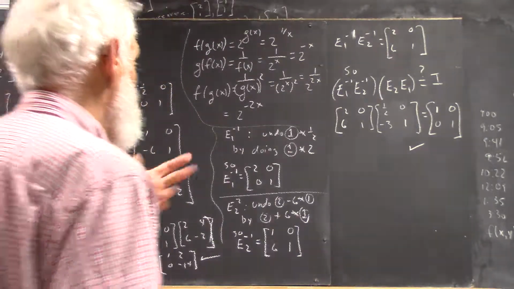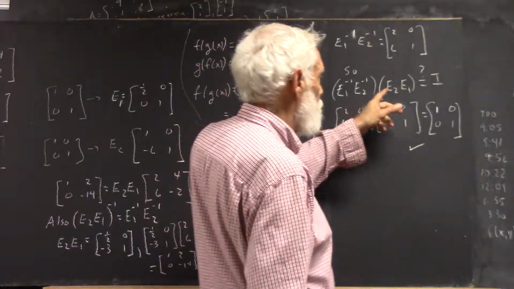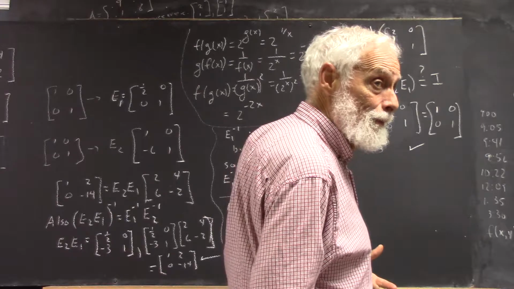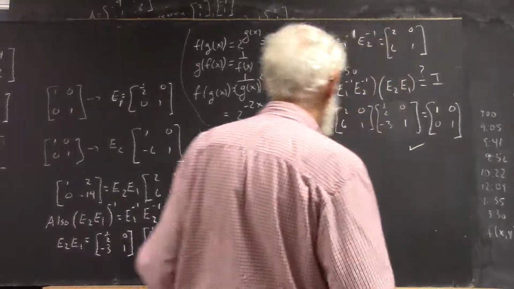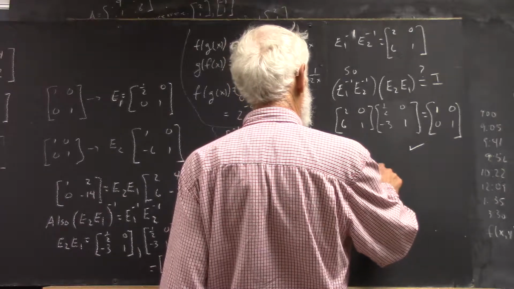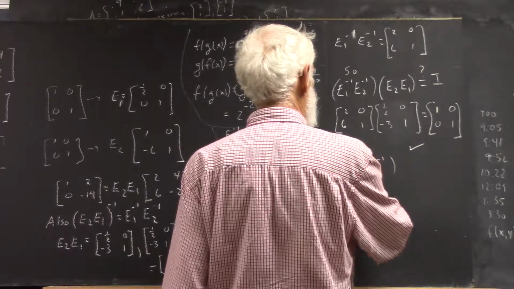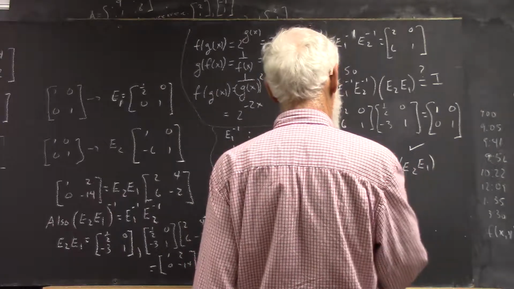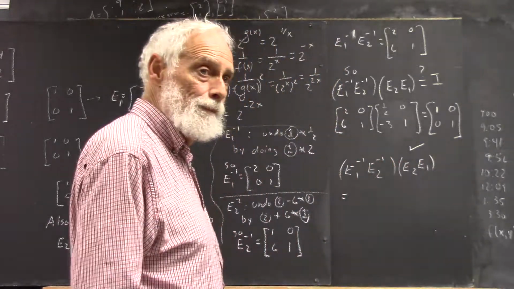Okay? Now, we could have verified that E1 inverse E2 inverse times E2 E1 equals I without having to write out any matrices, because matrix multiplication is associative. Okay?